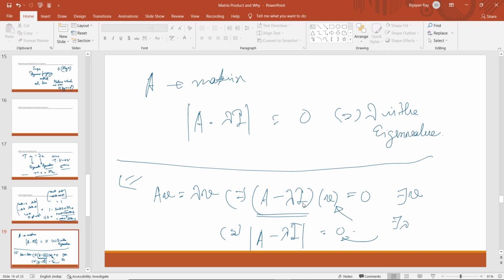So there will exist a v which we again call the eigenvector, and retracing the steps back, lambda is the eigenvalue with respect to the eigenvector v. So this is our theorem.